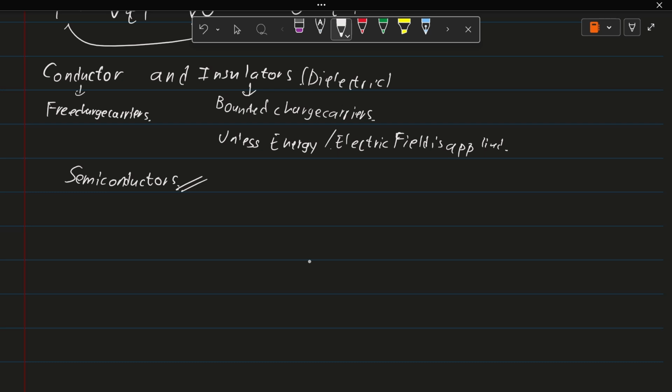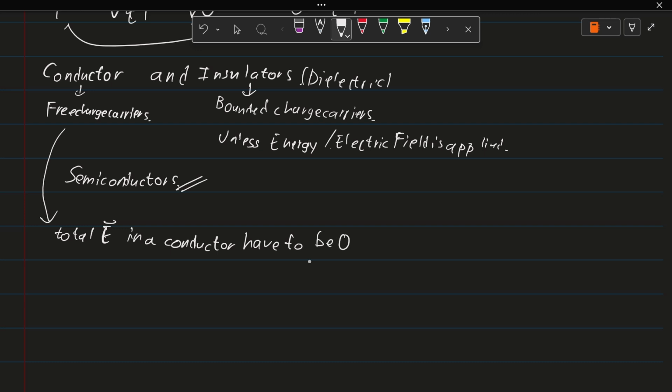And if we discuss a conductor, because the electrons are free to move, the total electric field in a conductor has to be zero. And this is why.